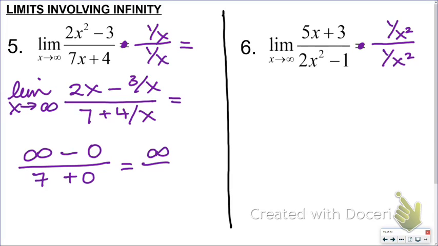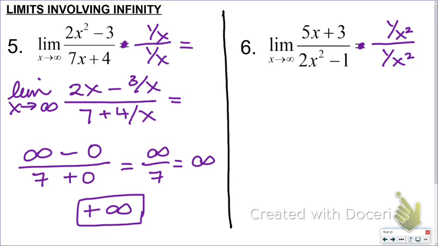Well, infinity divided by a constant is just infinity. One thing I should have made a note of: in your textbook, if they don't specify positive or negative infinity, it's understood that they mean positive infinity.